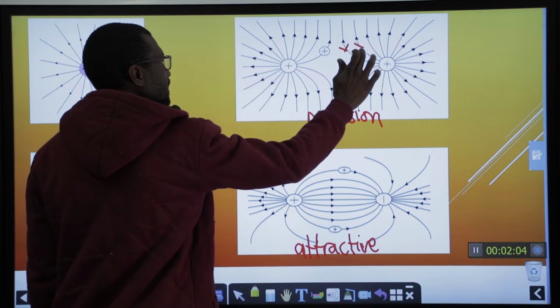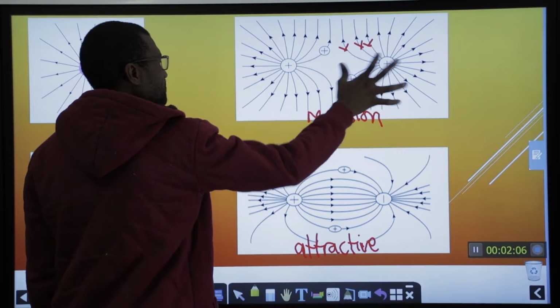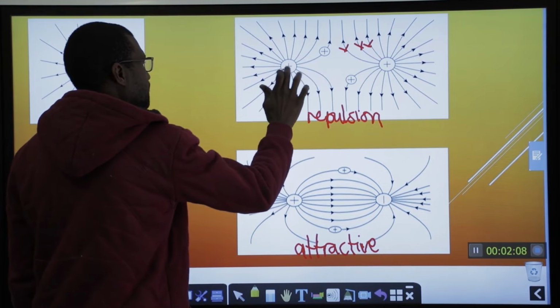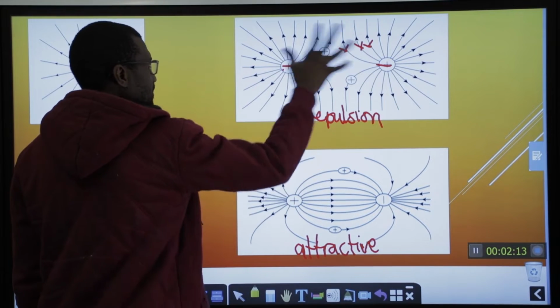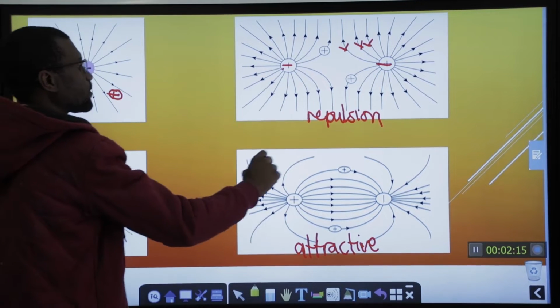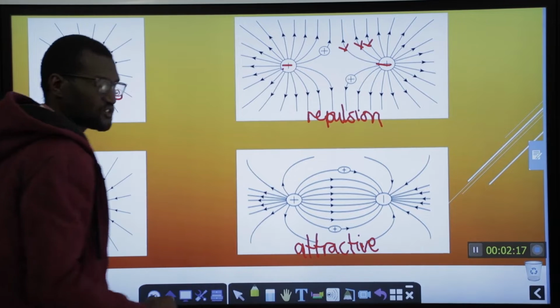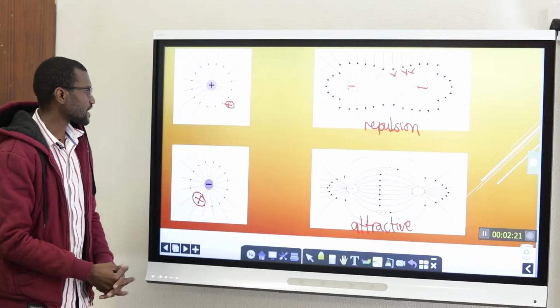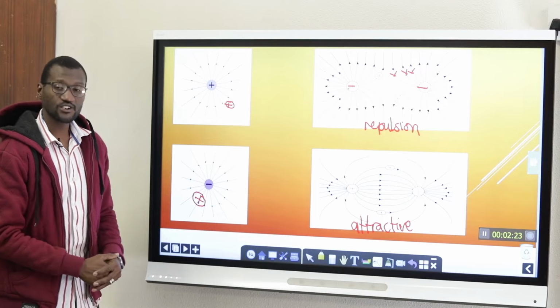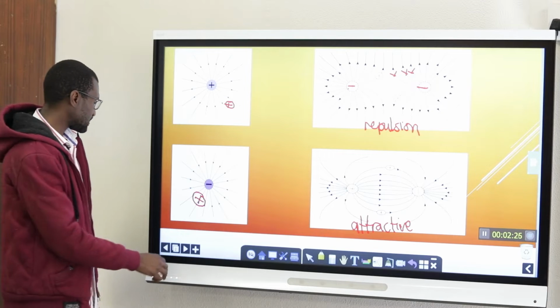They would look like that. However, the diagram will still be the same, except maybe the negative and negative here. Alright, so I don't have a diagram up here on the repulsion that's showing two negatives, but I'm sure you have an idea of how it looks like as you take a look at what I have just presented here.